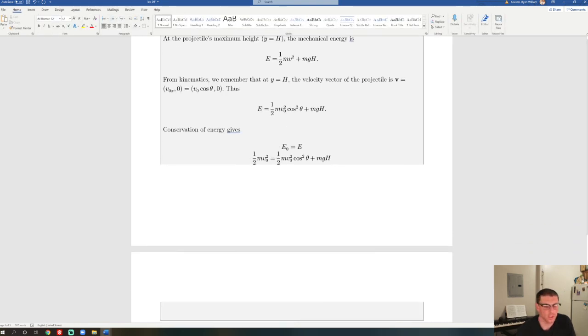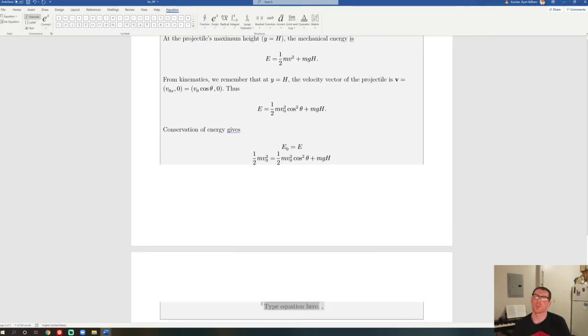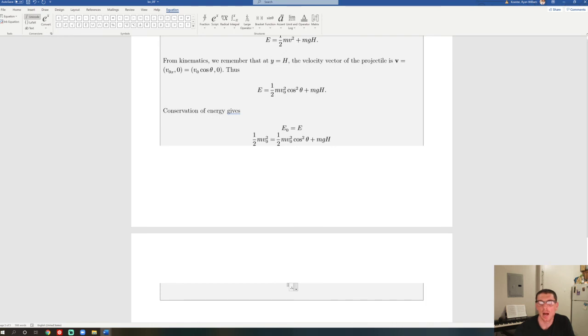And then from this, right after we go through and solve, one of the first things you might notice is that the masses cancel, and that's good because remember in kinematics, all of our equations had no mention of mass, right? So it would be startling if the mass didn't cancel out here. But anyway, what you end up finding after you solve for H algebraically is something like this.